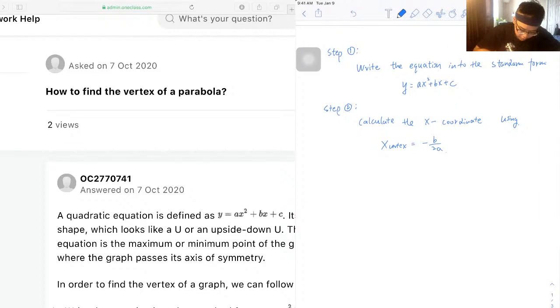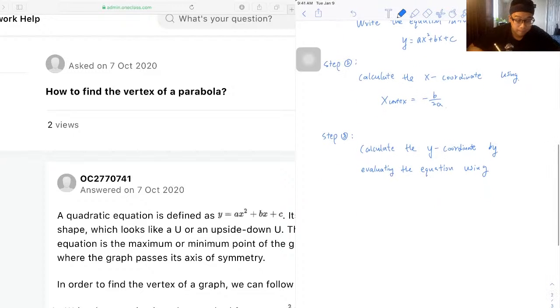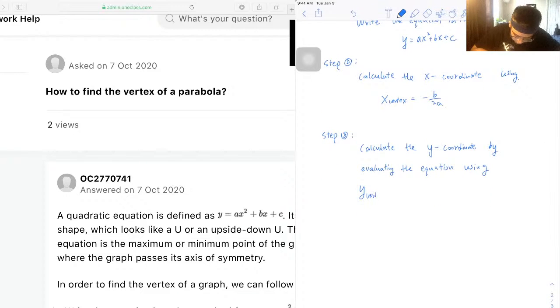Our third step will be to calculate the y coordinate by evaluating the equation using y vertex is equal to f of x vertex, which is equal to f of negative b over 2a.